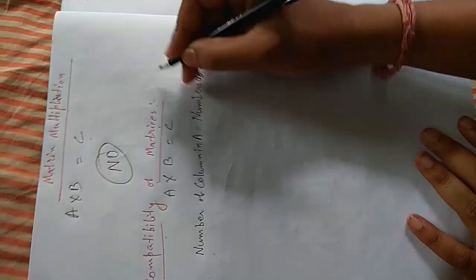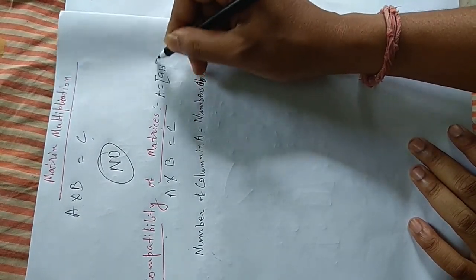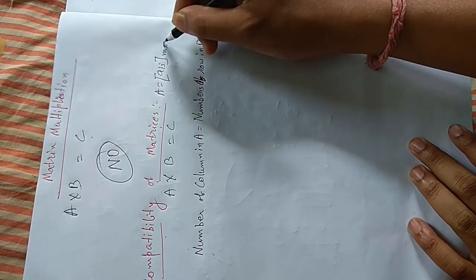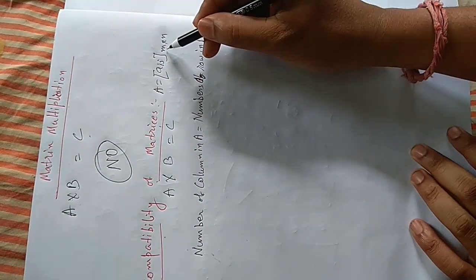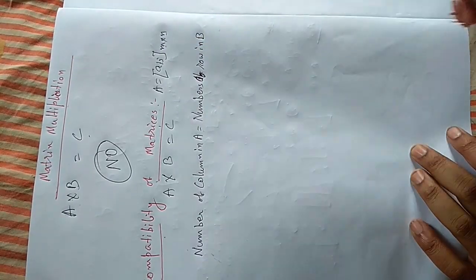For that, we take matrix A with elements Aij whose order is m by n. That means the number of rows is m and the number of columns is n, denoted by the order of the matrix.